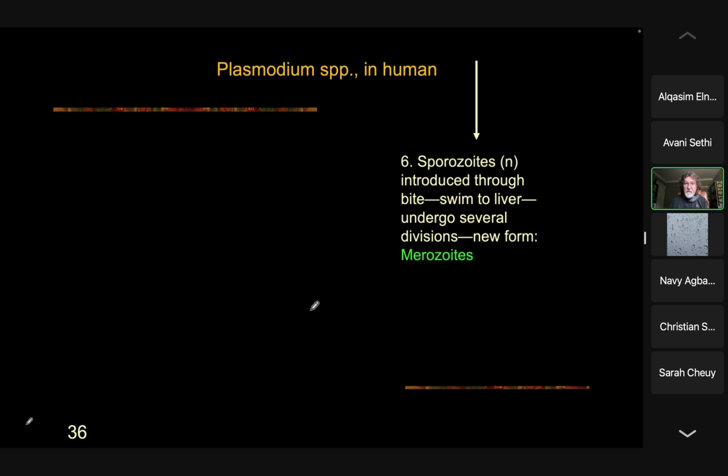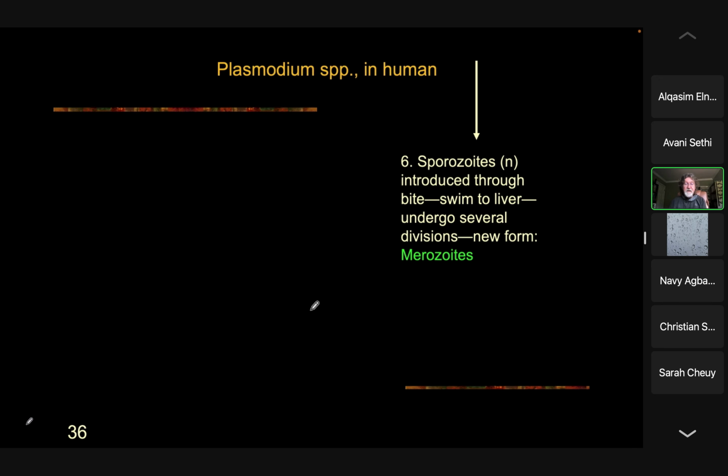They penetrate into liver cells, and this will form a new form. They look very different: merozoites. So sporozoites and merozoites look different and function differently, yet they're haploid, and they come from mitosis. The sporozoites in the liver, once they penetrate, divide by mitosis to produce the merozoites.